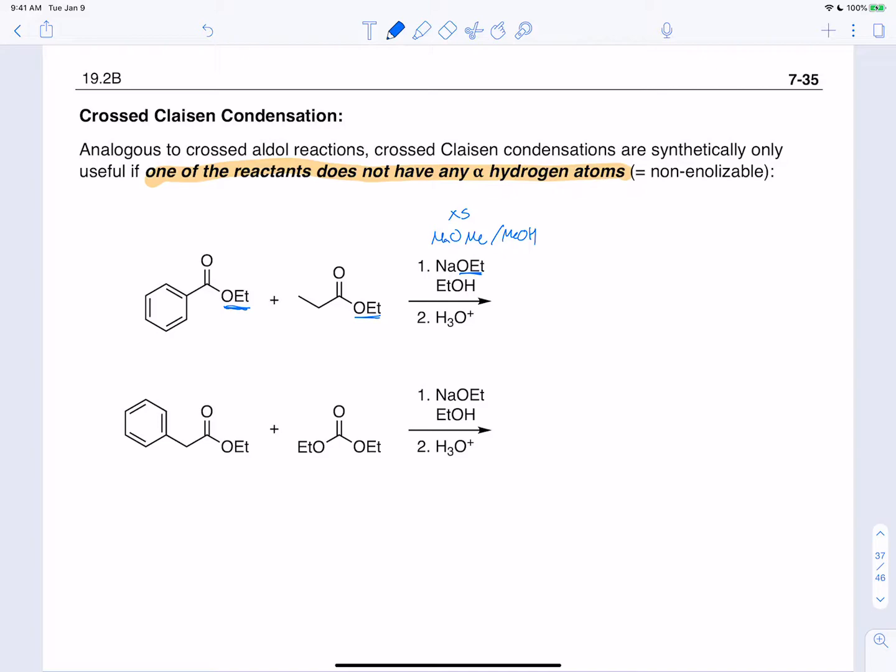But getting back to the reaction, we're still going to make this ester enolate. It will attack in a 1-2 fashion on the non-enolizable ester.